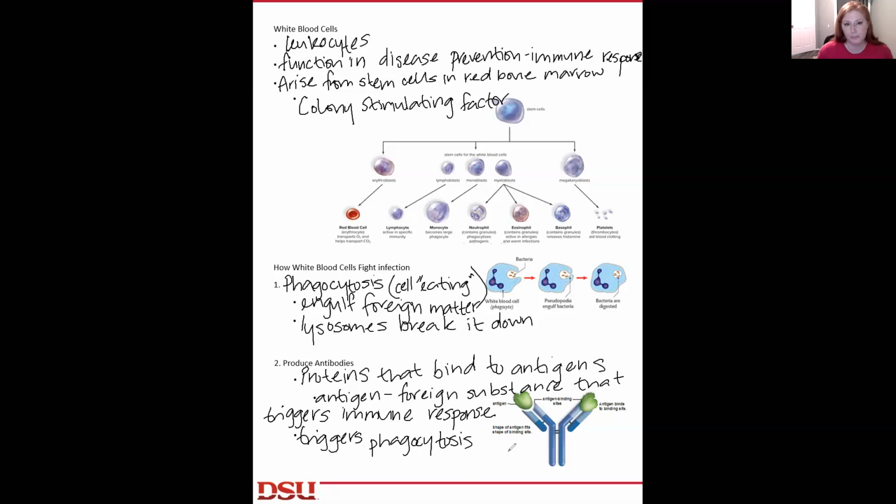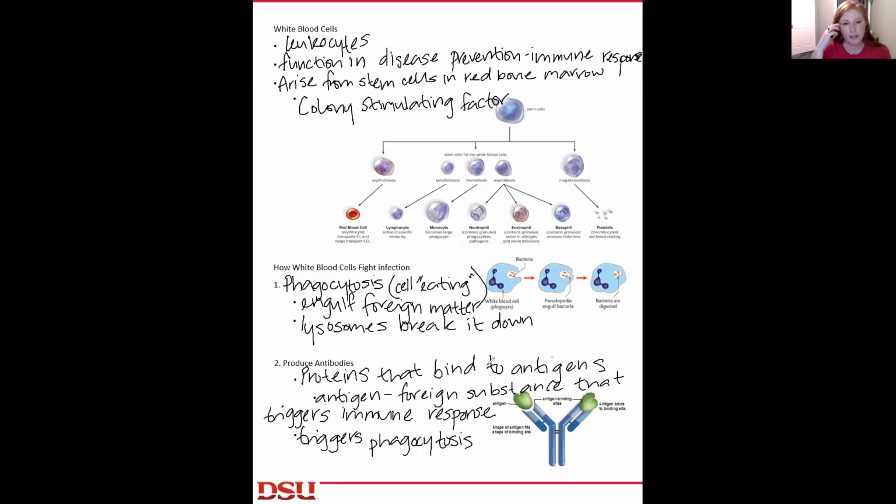So antibodies are specialized proteins that are attached to the surface of cells. We'll talk about them in the context of white blood cells. They're on the surface of white blood cells, and their job is to bind to foreign substances, okay? This is a chemical process.